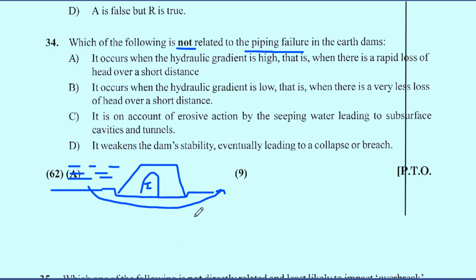So it will start slowly. So the correct option is that it occurs when the hydraulic gradient is low. That is why there is very little loss of head over a short distance. Initially it is so, and with the passage of time it will increase.